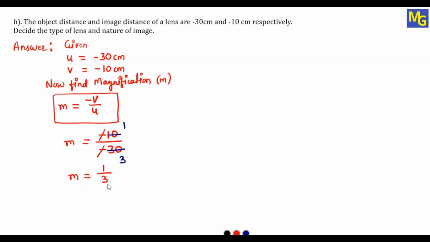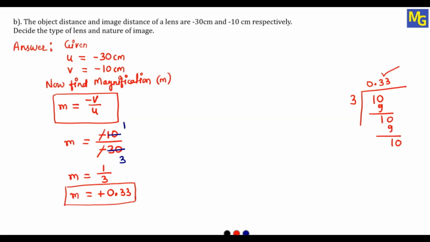Now if you divide this 1 by 3, we will get the answer in decimals, that is plus 0.33. How did we get this answer 0.33? So 1, here we will write 3, we will take 0, therefore it will be a decimal point. So 3 threes are 9, 1, again 0, 3 threes are 9, and this will continue. So we will stop here. So our answer is 0.33. So write down 0.33. So this is the magnification.